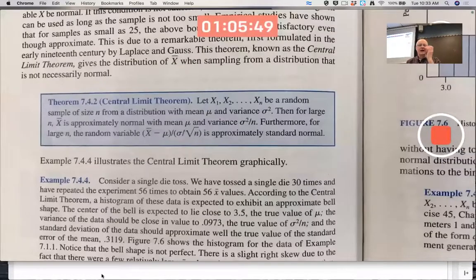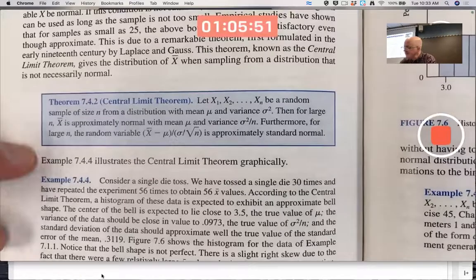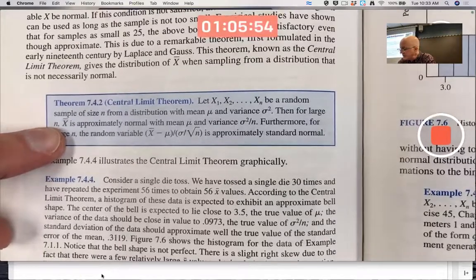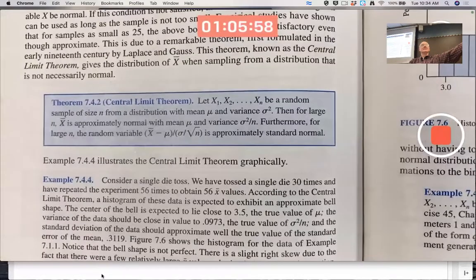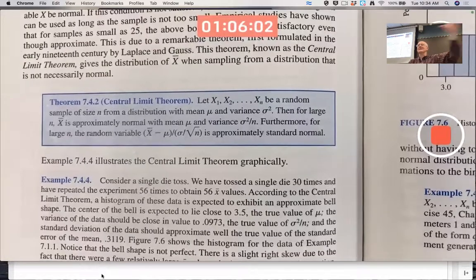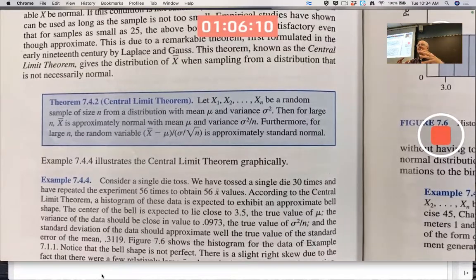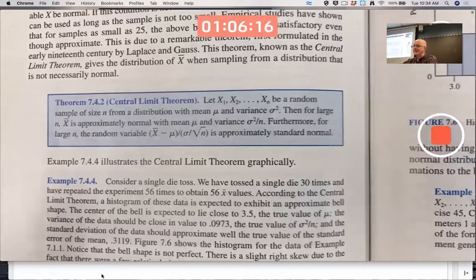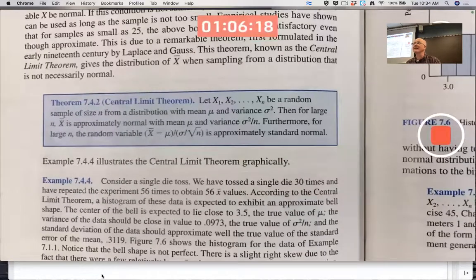Why? Because with the central limit theorem, we're looking at the distribution of the sample mean X bar, which is a sum divided by n, right? X bar is x1 plus x2 plus x3, et cetera, plus xn, all divided by n. The numerator is still a sum, though. And that's what we're talking about here with this example, a sum, x plus y.